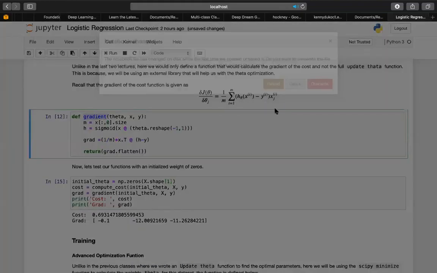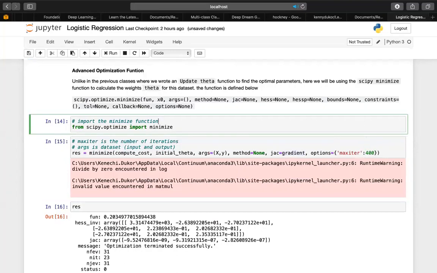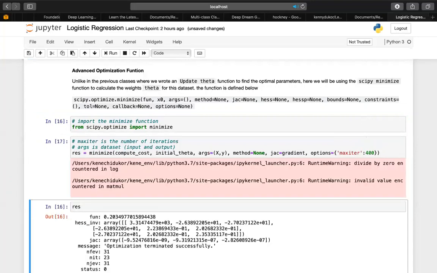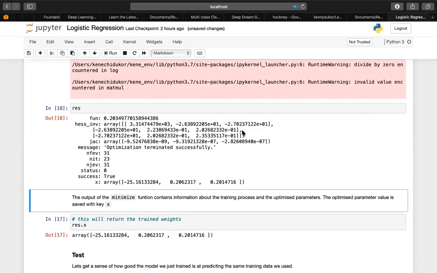Here we are defining that this is the gradient that we want to use. And the number of iterations we want to use for this particular task, we've set it to 400, right? So we pass this into this algorithm, it minimizes the function, calculates, and then finds the optimized parameters that can be used to make predictions.